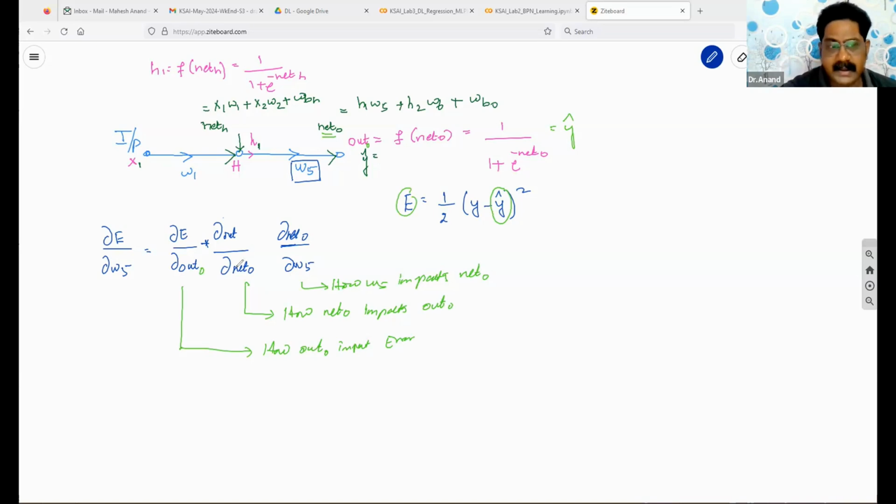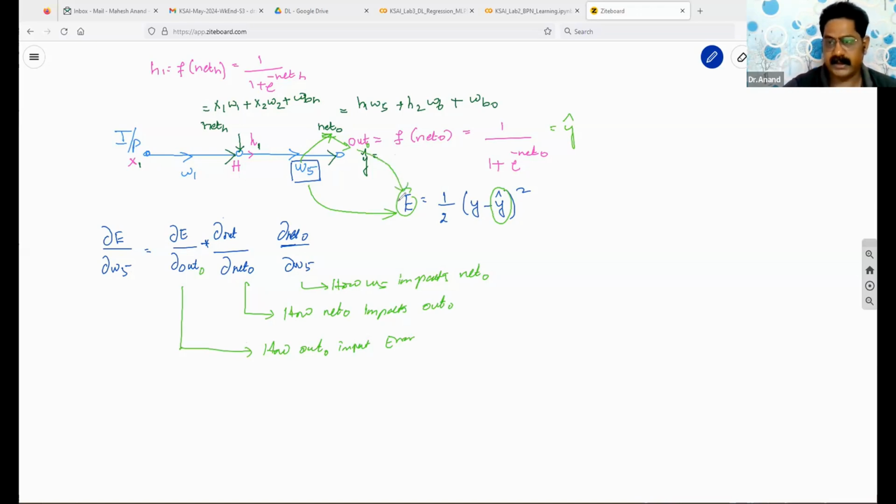So both are mathematically equivalent. Instead of directly calculating how W5 impacts the error, you are trying to communicate it in three components. First you say how W5 impacts this guy, and how net O impacts this guy, and how out O impacts this guy.